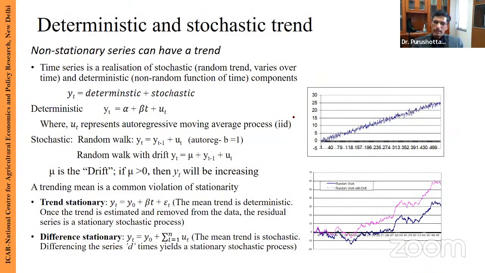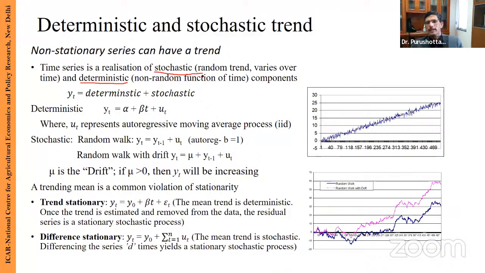Now we will try to understand the trend we discussed in the previous slide. Trend may be of two types, and a series may be a realization of both a stochastic trend and a deterministic trend. So a non-stationary series can have a trend composed of two types, deterministic and stochastic.